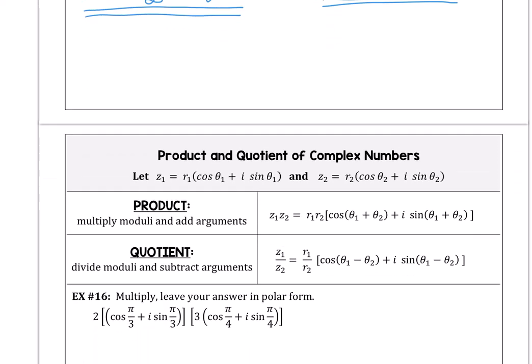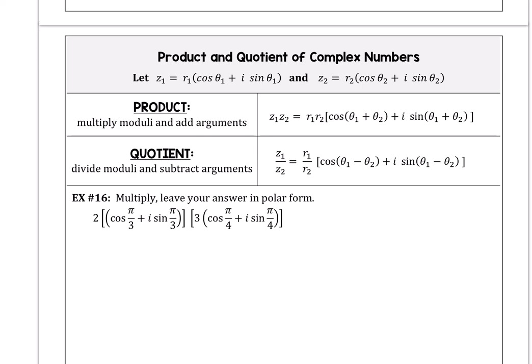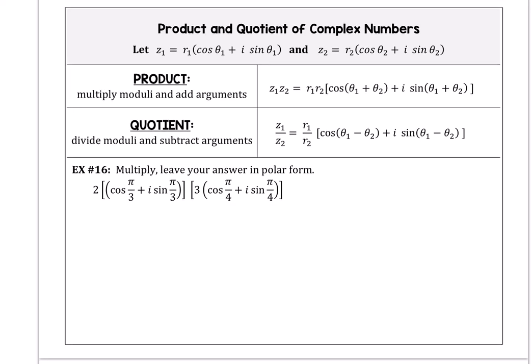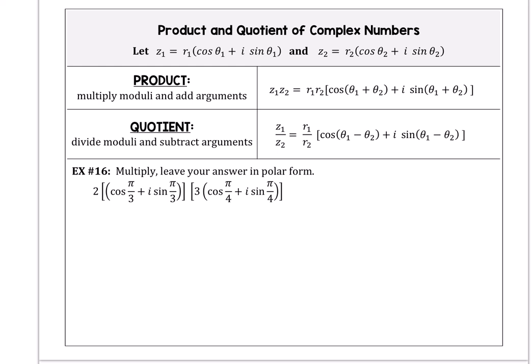Then moving on, we also have product and quotient of complex numbers. Again, this is not something tested on the AP pre-calc exam, but we can follow this rule. For the product, we're going to multiply the radii together. So Z1 times Z2 would be multiply the r times the r. That's 2 and 3. And then we're going to add the angles for cosine.